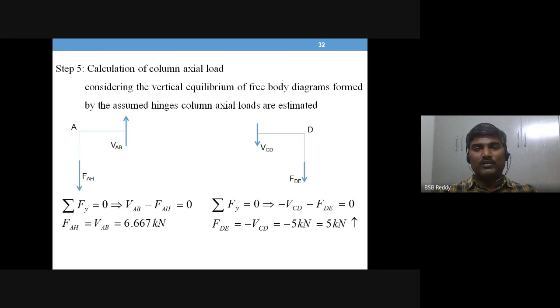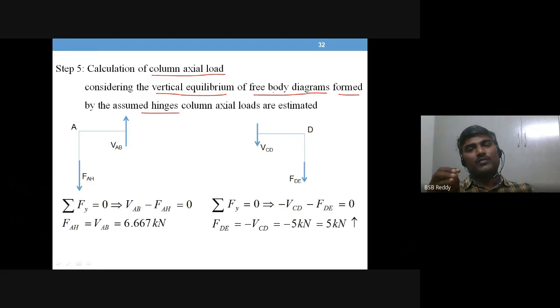How do you calculate column axial load? The only quantity left for calculation is by vertical equilibrium of free body diagrams formed by the assumed hinges. So you have to take free body diagrams.